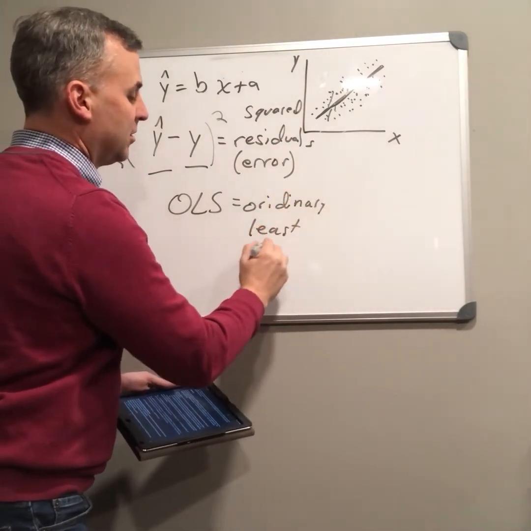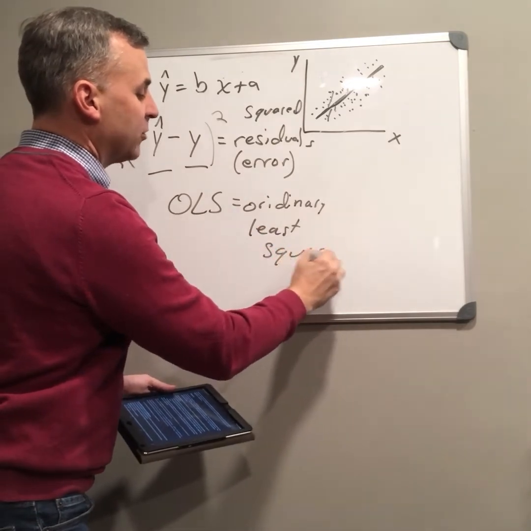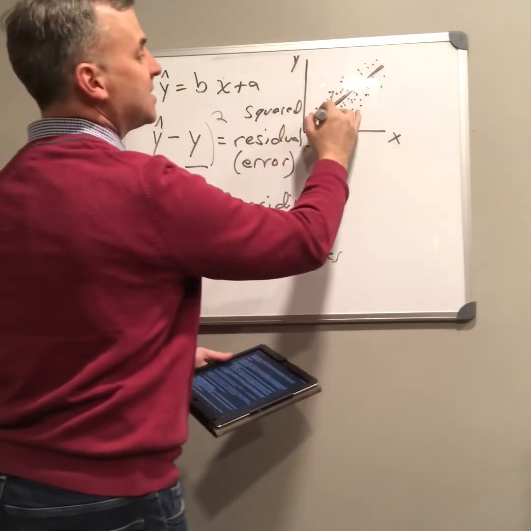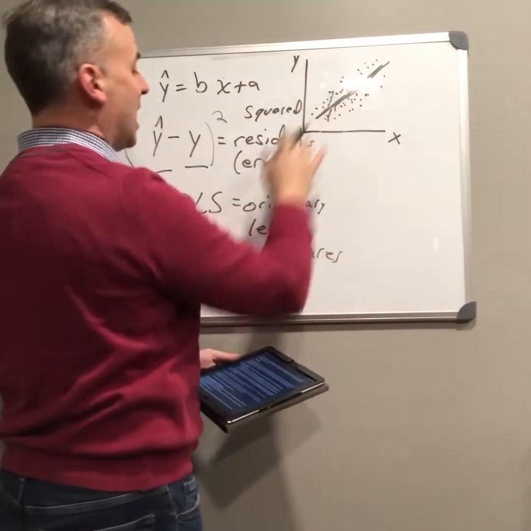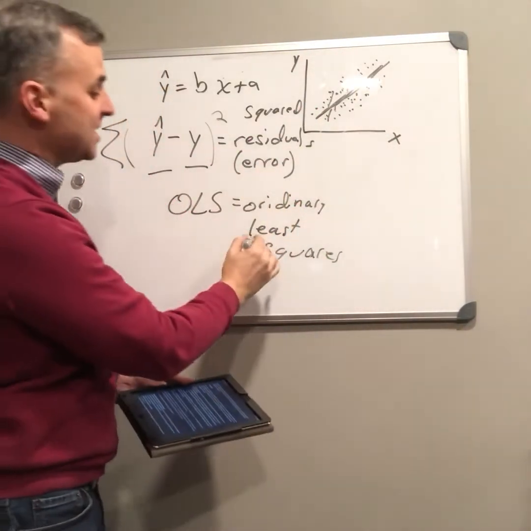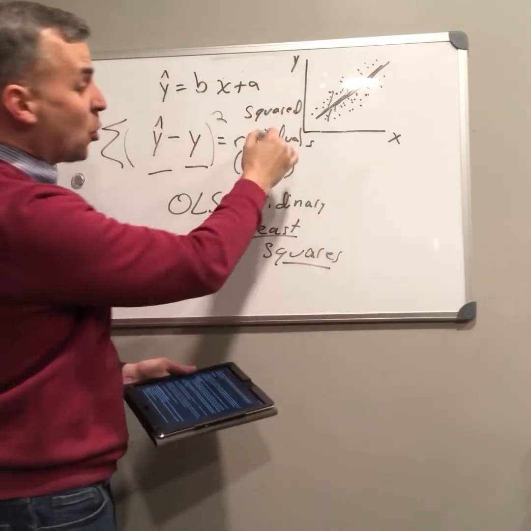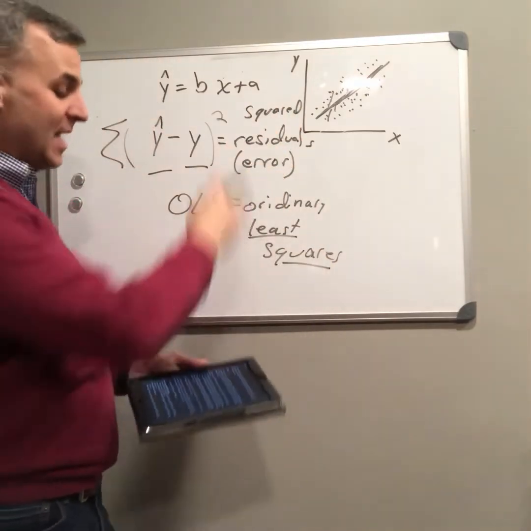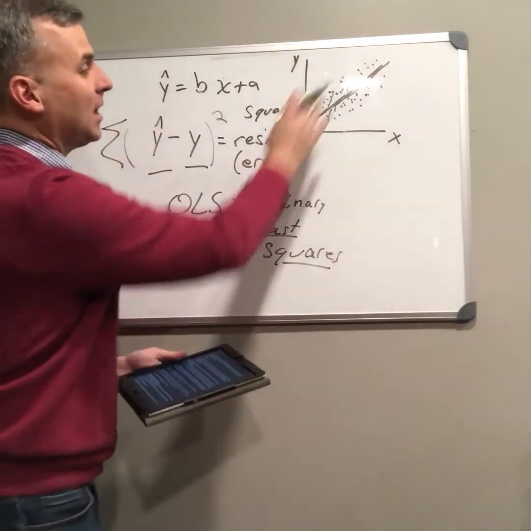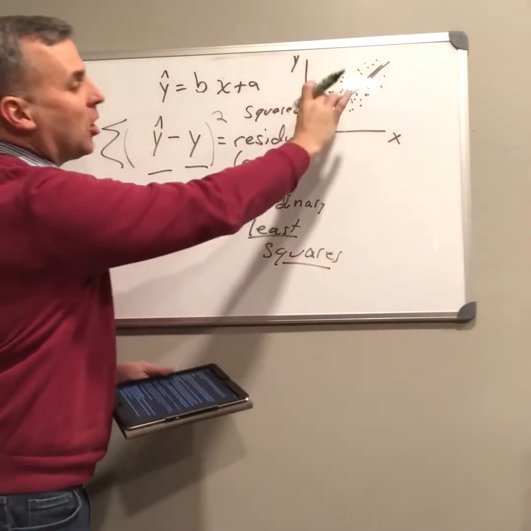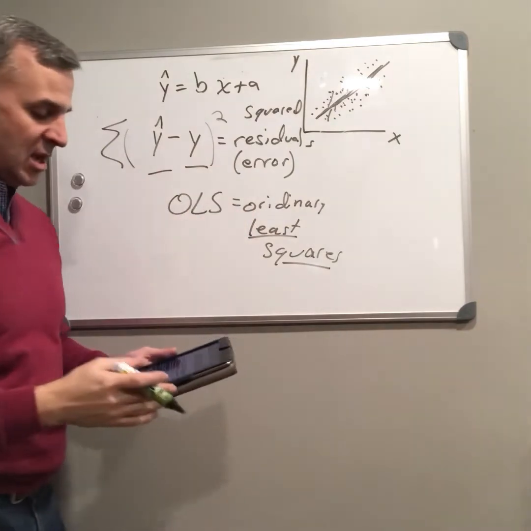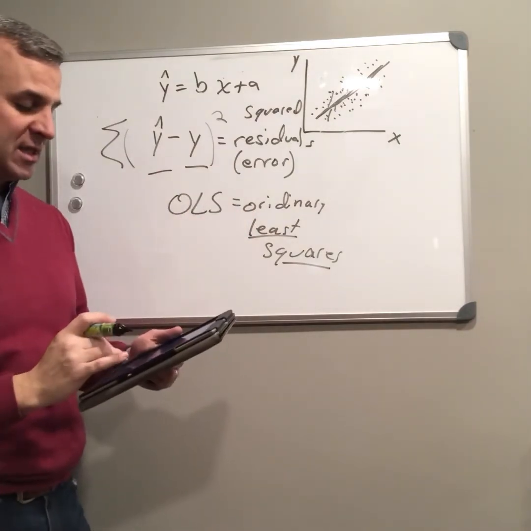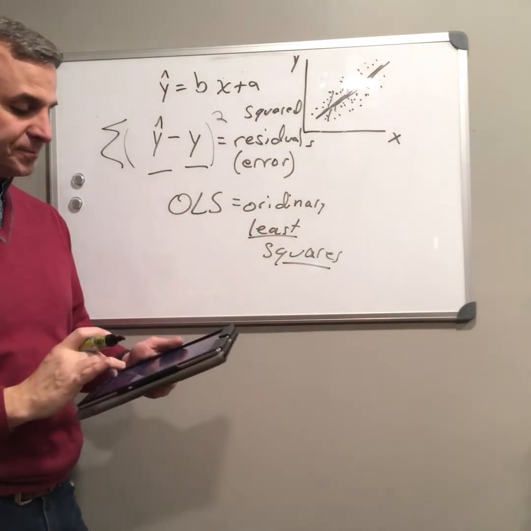OLS regression gives us the line of best fit, right? This is a method of analysis that gives us the line of best fit that gives us the least squared residuals, right? And that's where the name comes from. This is the one line that has the smallest residuals of all the possible lines that I could draw. So it's the least squares, the least residuals. These are minimized.